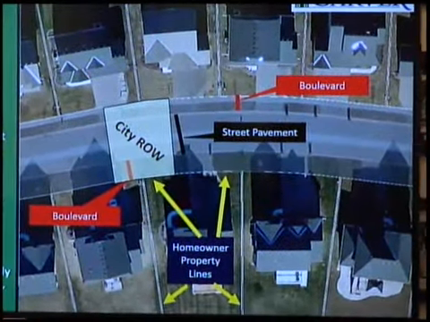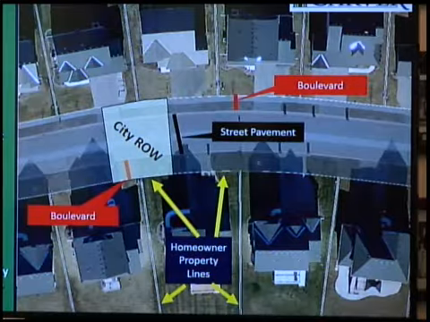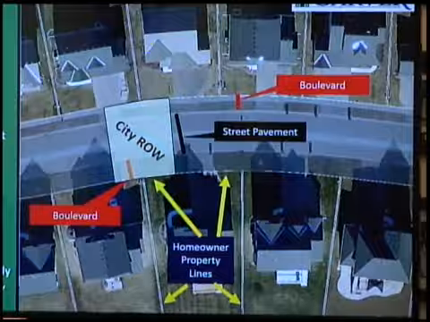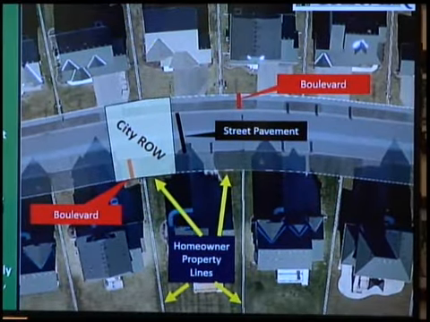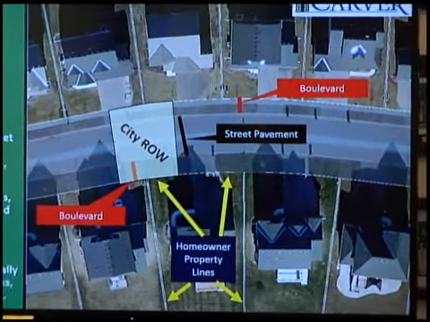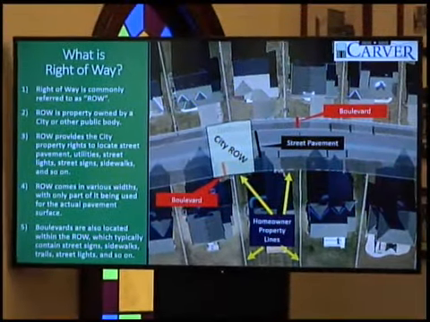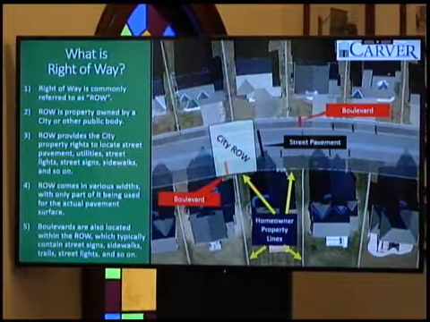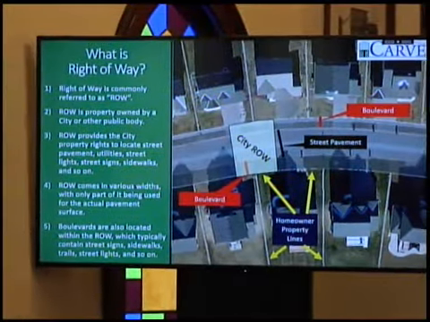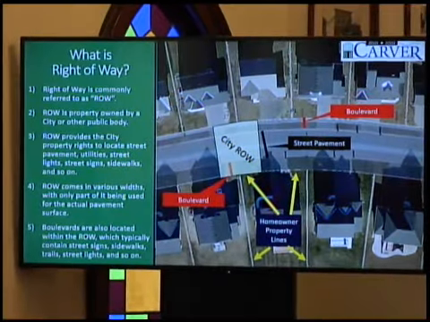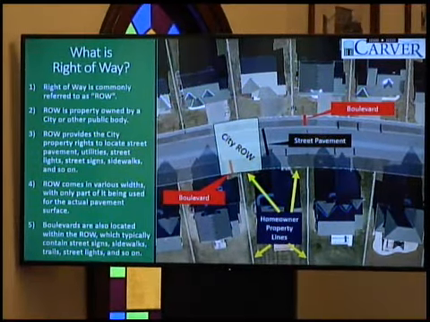Essentially, when a development is platted, streets are platted and right-of-way is platted within that, and streets and boulevard are located within the right-of-way. So it's property that the city owns, but I think the issue is, as you can see on the screen, a homeowner's property lines will go up to the right-of-way, but as you can tell from that aerial, the right-of-way extends into what someone would commonly think of as their yard.